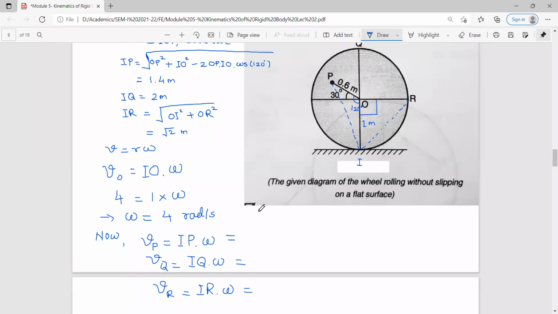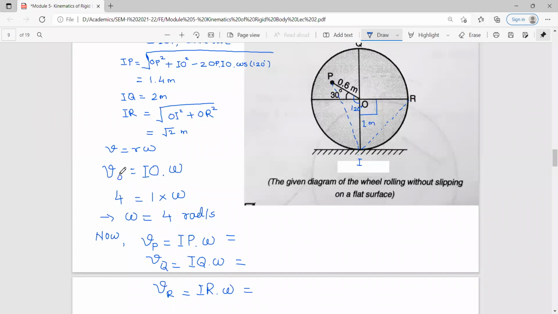Sir, velocity of point O, why did we take IO? We should have taken IR, no? Because it is in the right hand side direction, velocity of O from point O. Why I took IO? What is IO? See, it is the velocity of which point? Point O. What will be the radius of point O?